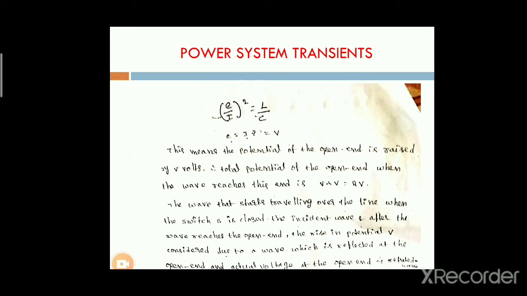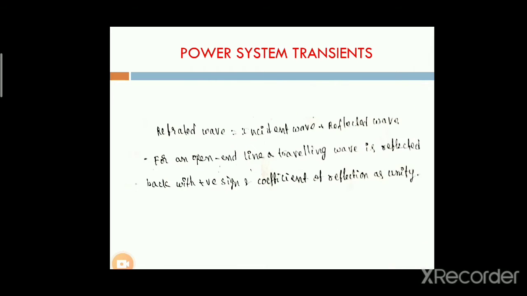Therefore, the refracted wave is equal to the incident wave plus the reflected wave.